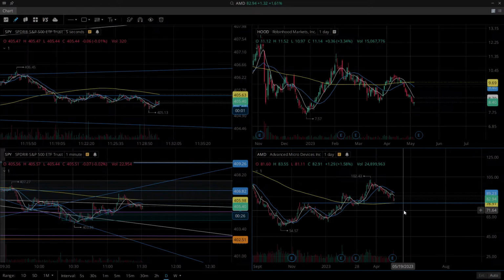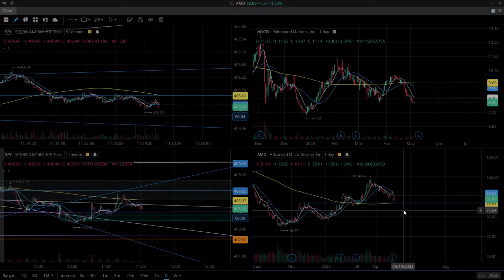Call side would be right around 90 to 100, somewhere in there. Let me see. It's got 93.95 or 94.96 would be a good spread on that. 94.96 is already at 8 cents, so that's reasonable, but that would be expecting AMD to get damn close to 100 in a week or less.